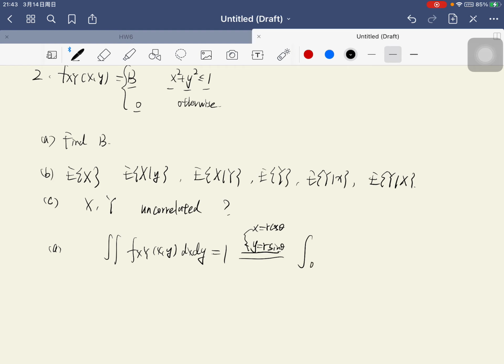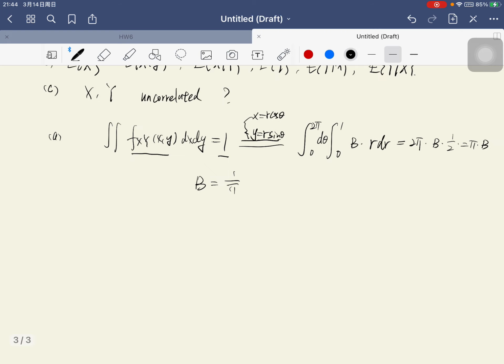the integral from 0 to 2 pi d theta and from 0 to 1 of the density function, b times r dr, which equals 2 pi times b times 1/2, which is pi times b, and it is equal to 1, so the value of b is 1 over pi.